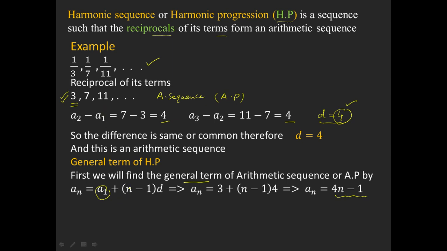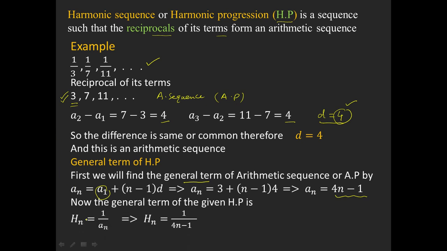Now what is the general term of harmonic progression? Since we know that arithmetic progression and harmonic progression terms are reciprocals of each other, if we take the reciprocal of the arithmetic term, we will get the corresponding harmonic term.